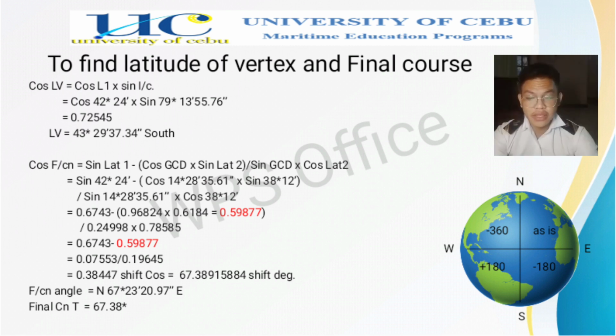For the final course angle, the prefix is contrary to latitude 2, and the suffix is the same name as the D-long. Since the position is in quadrant 1, the northeast, the value remains as is, giving a final course of 67.38 degrees true.